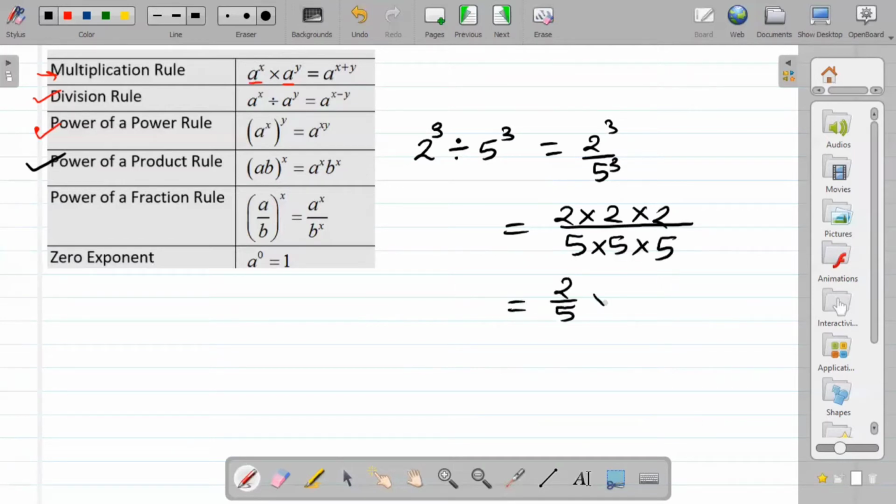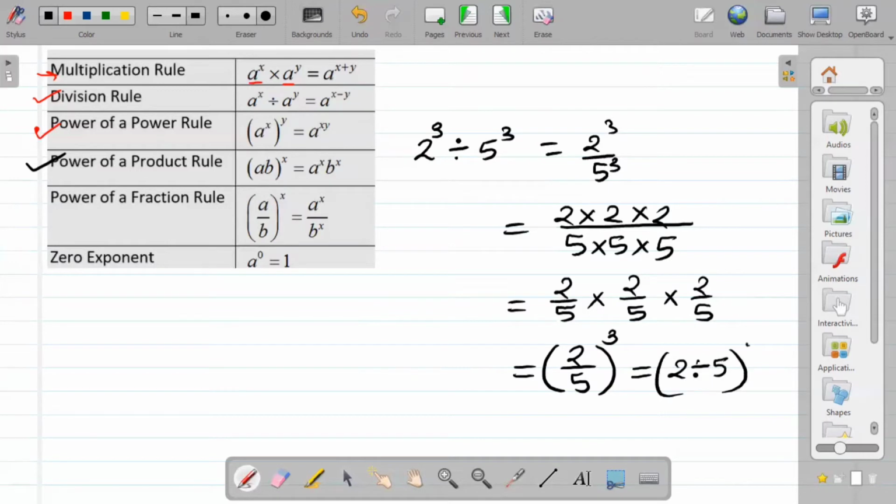I can separate this as a fraction also, because if I'm going to combine them, then the numerator is going to multiply with the numerator, denominator is going to multiply to the denominator. So now 2 by 5 is a fraction which comes 3 times. So I can write 2 by 5 raised to 3 also, right?